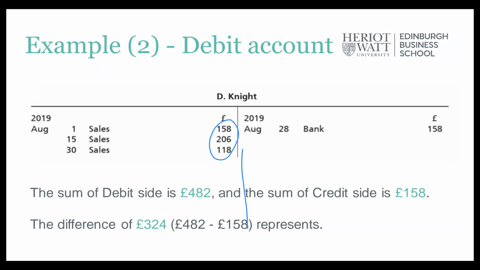That gives 482, the biggest amount, from the debit side. Then on the credit side, we just have 158. So we'll record the biggest amount on both sides. This is what I meant.